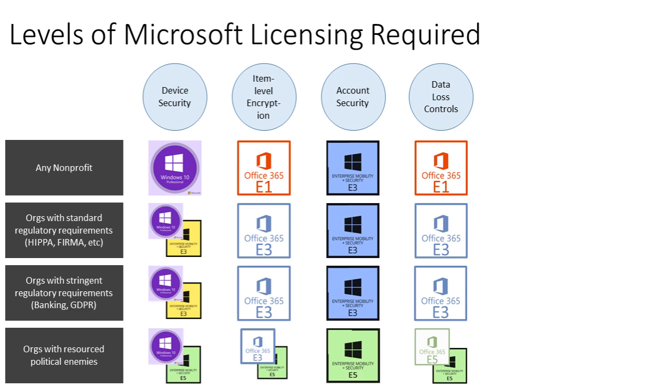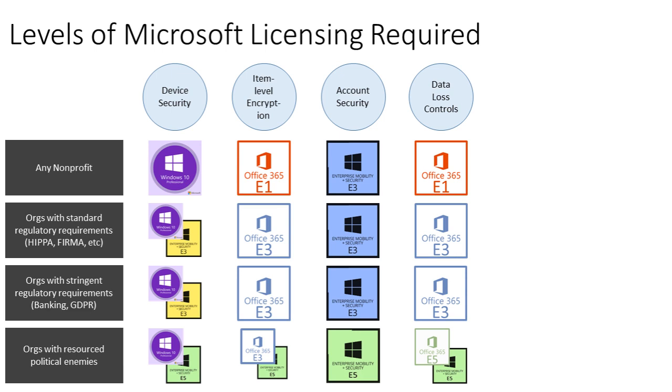If you're an organization that has that mission that could cause you to have political enemies, you're going to want to step up to Office 365 E3 maybe, but definitely the Enterprise Mobility and Security E5. That E5 has that advanced threat intelligence where we can really hone in on who's trying to attack us and when.